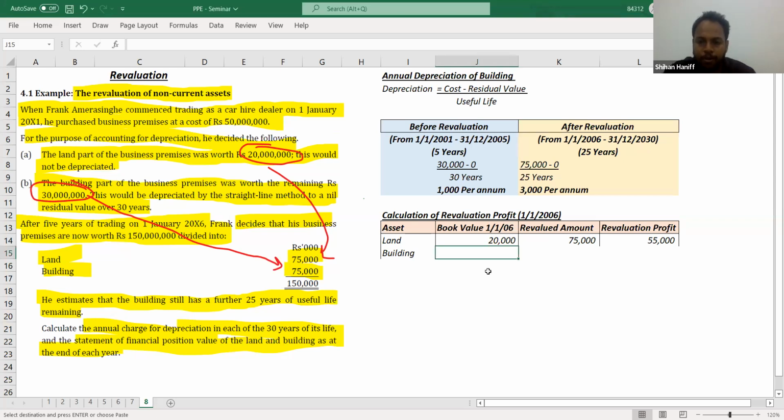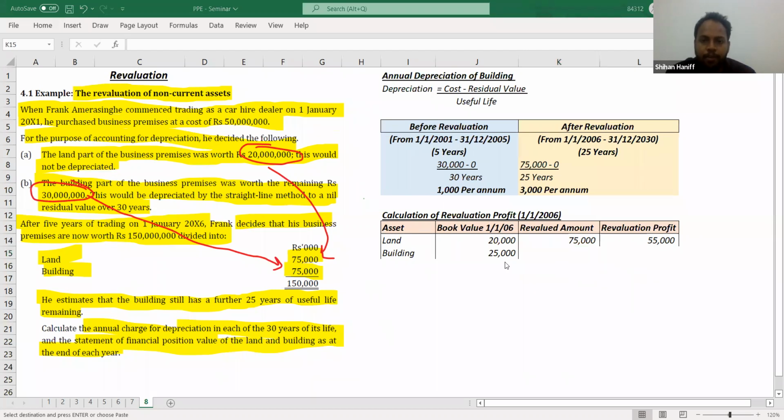How do you calculate? Building cost was 30,000 minus 5 years depreciation is 5,000. So 25,000 is the building book value.